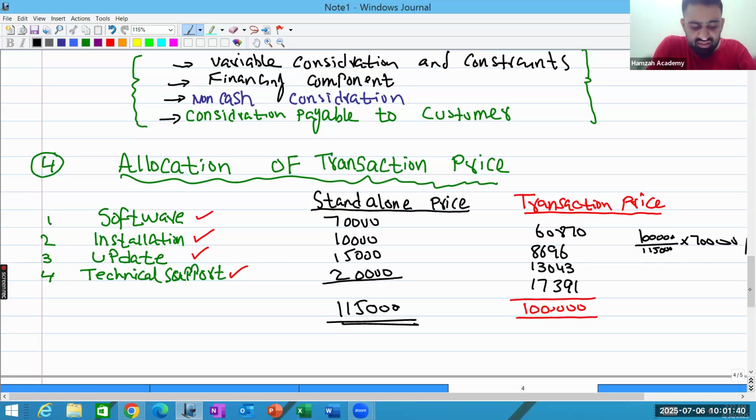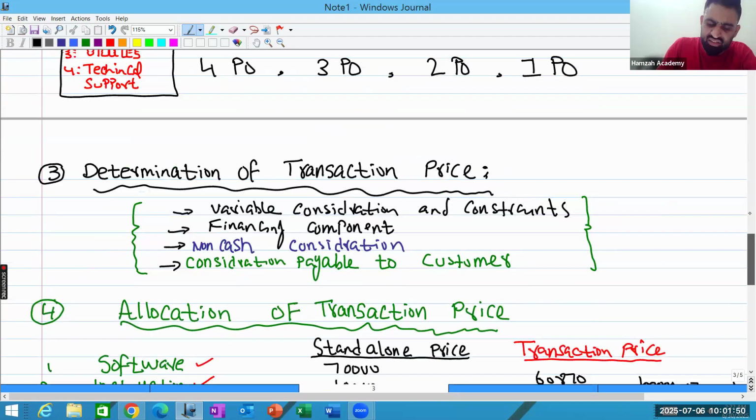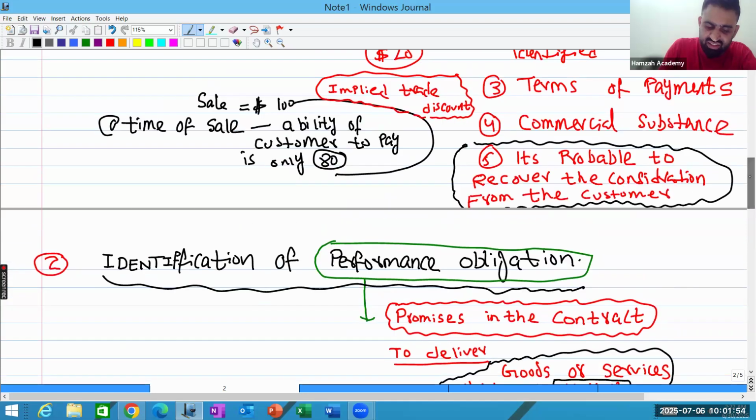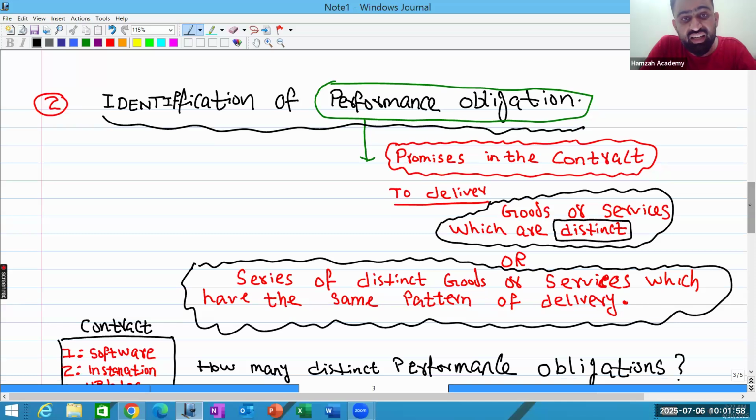Now, in the coming class, I will be discussing each step in detail, starting from step number 2. Step number 1, the identification of the contract, has already been discussed. We will talk in detail about step 2, how to identify whether we have one performance obligation or multiple performance obligations.